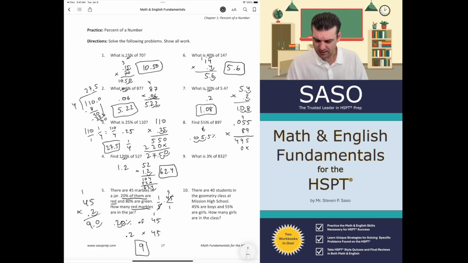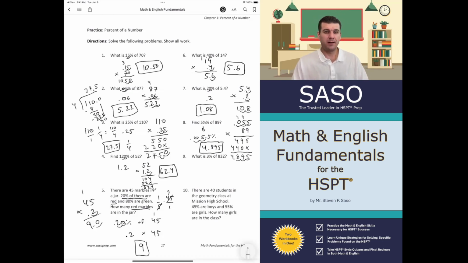Carry the 4. 8 times 5 is 40, plus 4 is 44. Carry the 4. And 8 times 0 is 0. And bring down that 4. We add them up. 5, 9, 8, 4, and 1, 2, 3 decimal places. 4.895. So a little bit tedious there with the multiplication of the decimals.